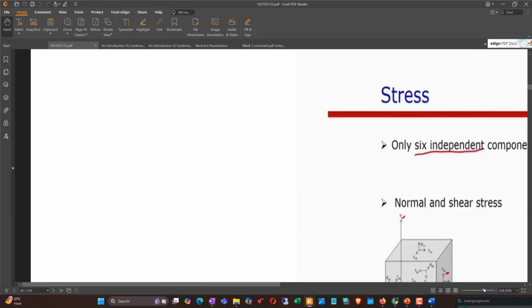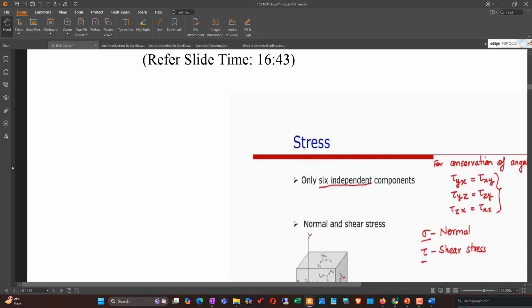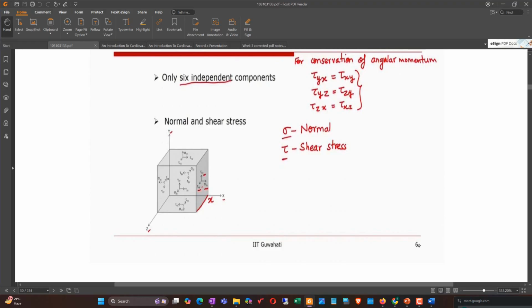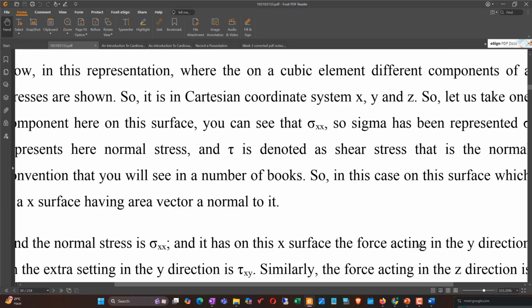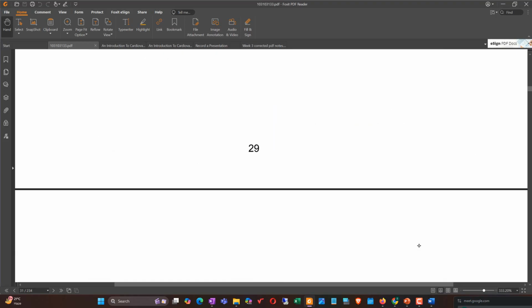Let us revisit all the slides so that we are actually completing up. It will remind you that everything is covered. Yes, the Reynolds transport theorem has been discussed.